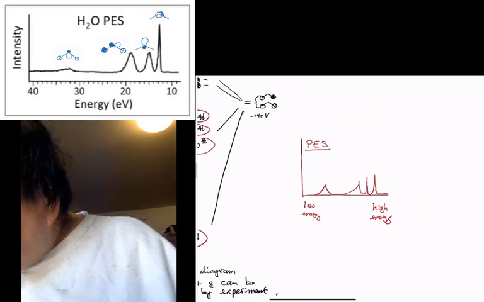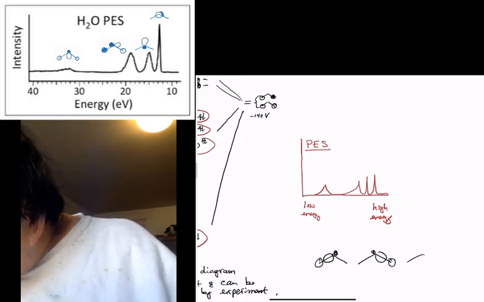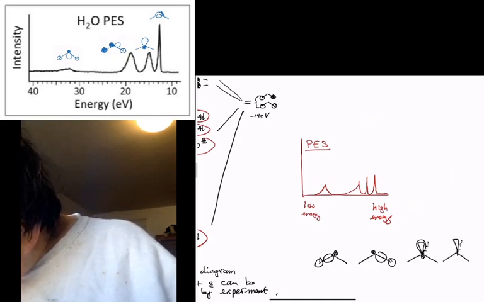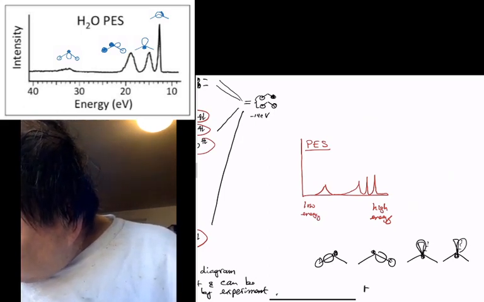In valence bond theory, remember we had the 4 orbitals. We had one bonding orbital like this, a second bonding orbital like this, and 2 lone pairs like that. And that's the same thing that we expected from the Lewis structure: 2 single bonds, 2 lone pairs.